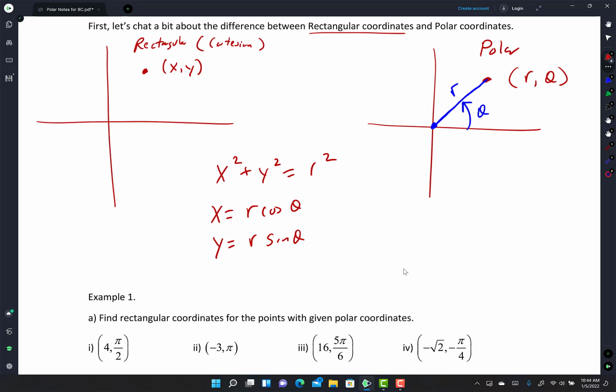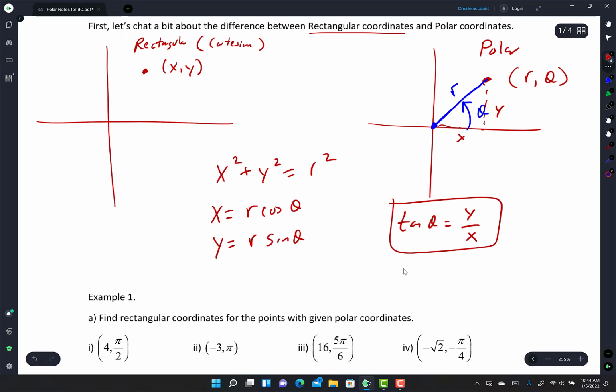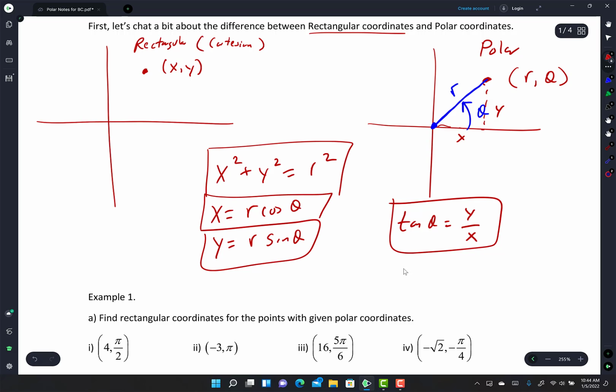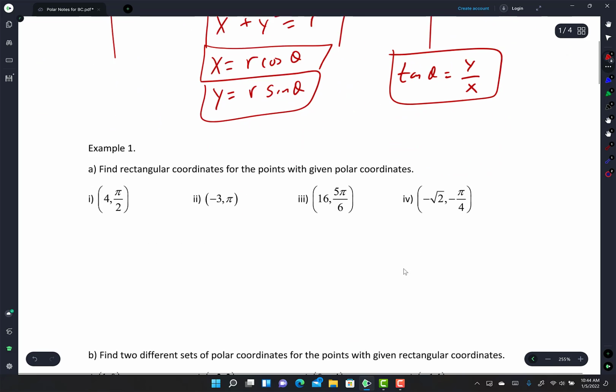And tan theta is equal to y over x. So these are the major four. And if you know that, you can go back and forth. Does that make sense, guys? Okay. We still okay?